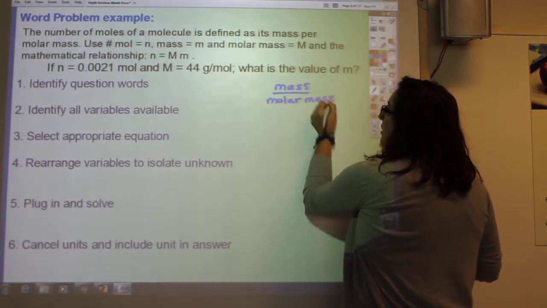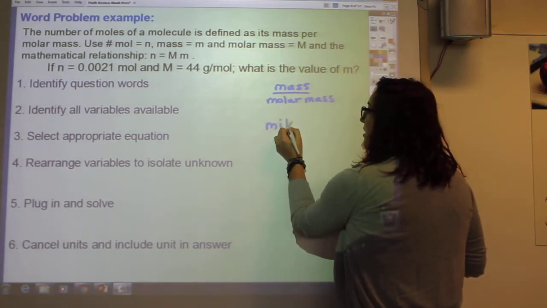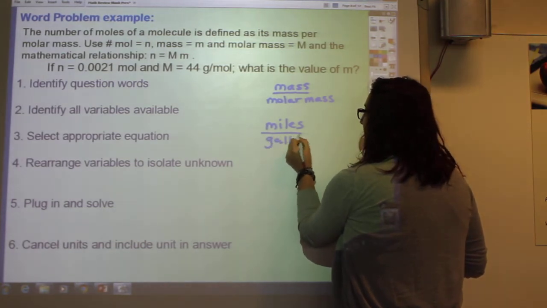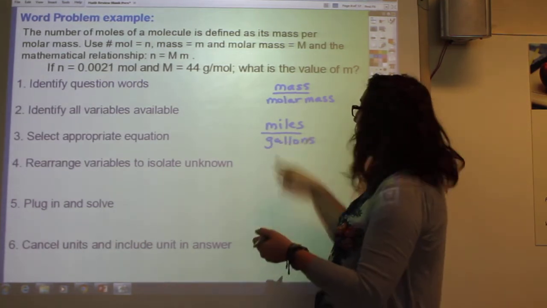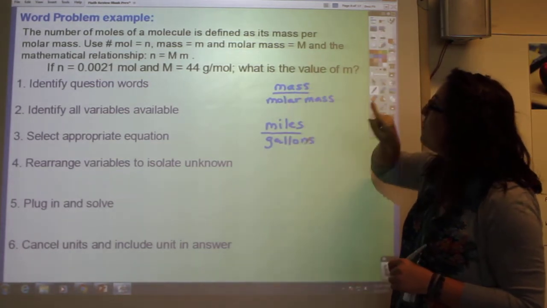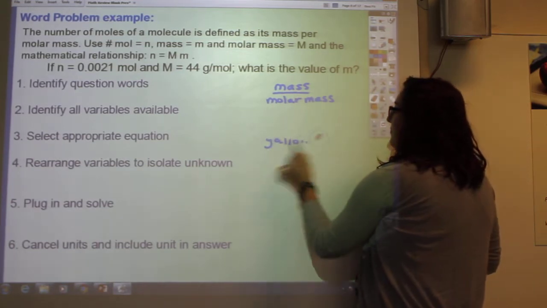Just like miles per gallon is really miles over gallons, or miles per hour would be miles over hours, okay? So when you see the word per, that's going to help you think about division.